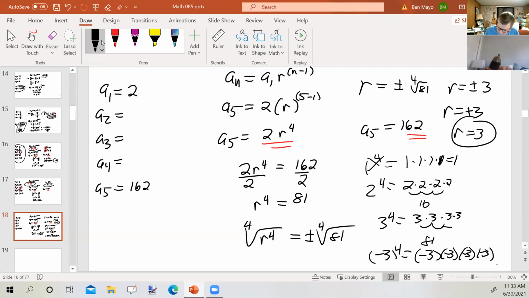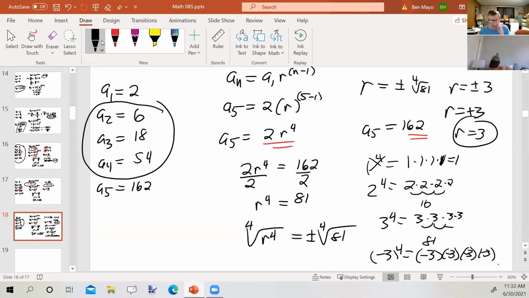So if I use +3, 2 times 3 is 6, times 3 is 18, times 3 is 54, times 3 is 162, and there are my 3 positive geometric means. So don't ignore those little things like the common ratio is positive or the common ratio is negative, okay?